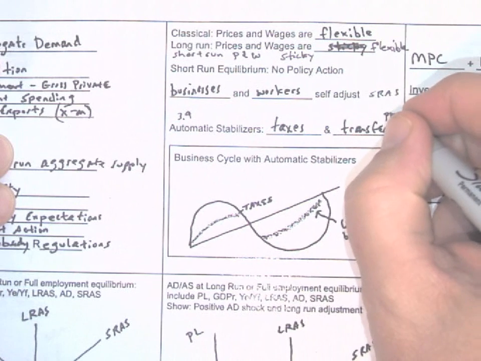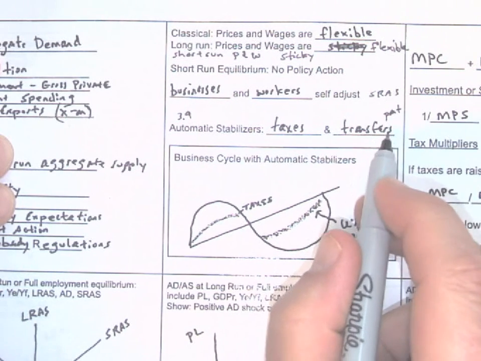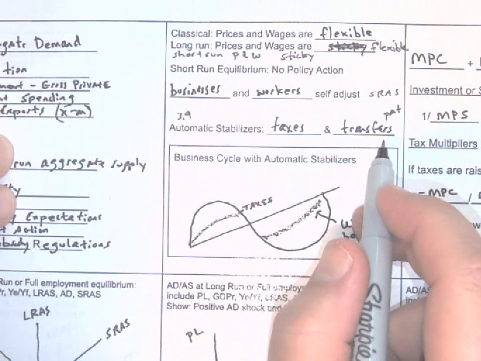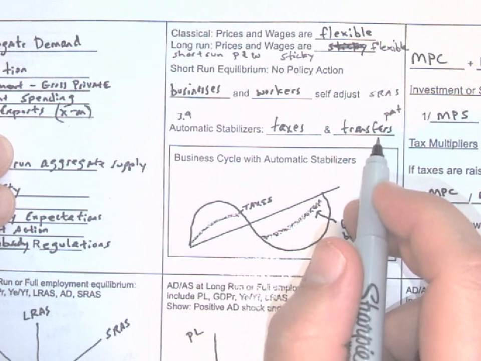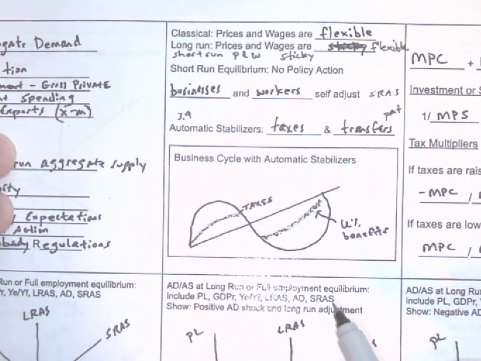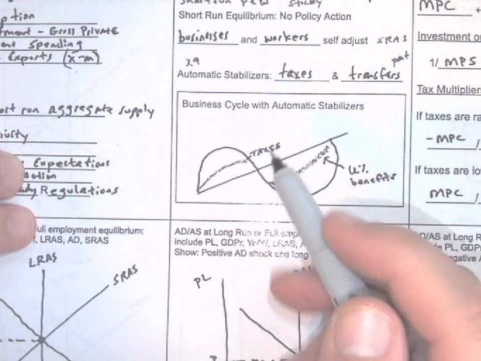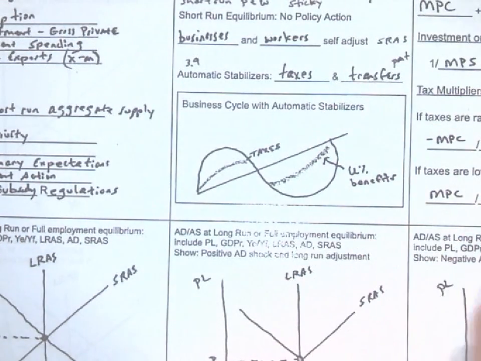Transfer payments are things like unemployment benefits, any kind of government assistance during a recession. And when it comes to those taxes and transfer payments, those stabilizers are going to be things in the economy.